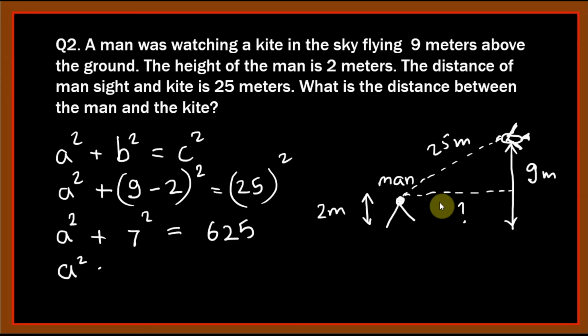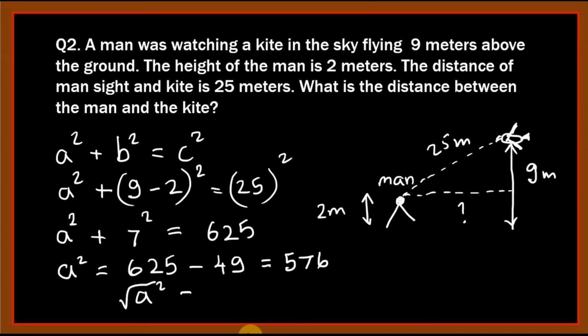A square is the distance we want to find, plus 7 square equals 25 square, which is 625. 7 square is 49, and subtracting 49 from both sides we get 576. So a square is 576 and now we take the square root of both sides and we get a equals 24 meters. The distance of the man and the kite is 24 meters.